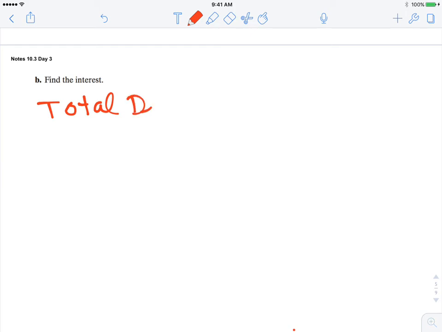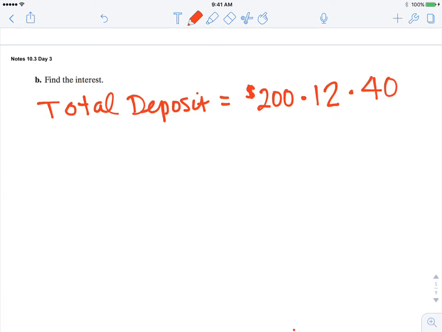So how much are you depositing over the course of that 40 years? So it's $200 a month, 12 months for 40 years. Multiplying those three numbers together is $96,000. That's how much you're investing over 40 years.